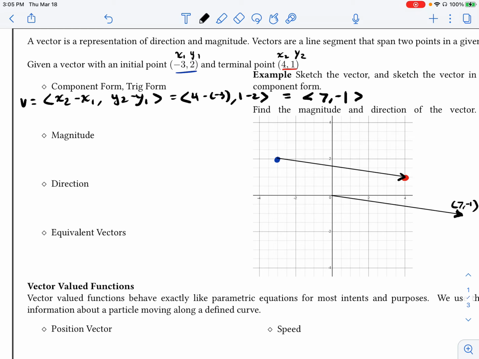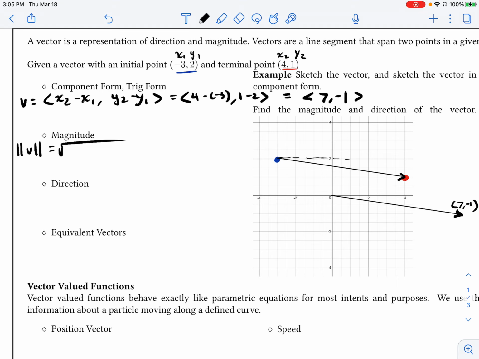Now let's talk about a vector's magnitude. I want to discuss the magnitude first because we're going to need that magnitude to write our vector in trigonometric form. So the magnitude is essentially just the distance or the length of our vector here. So how do we find distance? Well, we just use the distance formula. So the magnitude of our vector, and this is the notation for a vector's magnitude, is, if we're just applying the distance formula here, what did we say that our horizontal distance was?